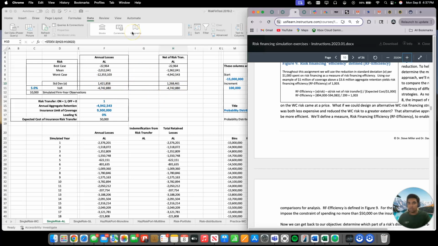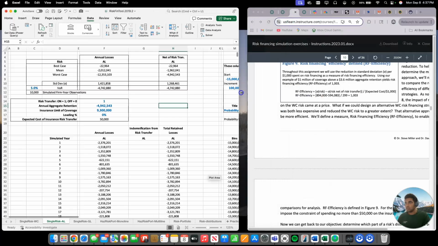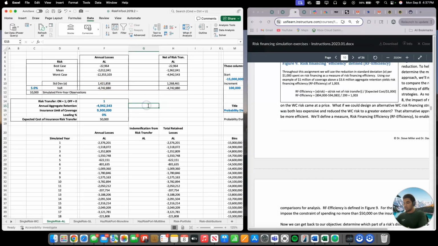And in this scenario, that would be, so RF efficiency, let me make this smaller. RF efficiency is this number minus this number.